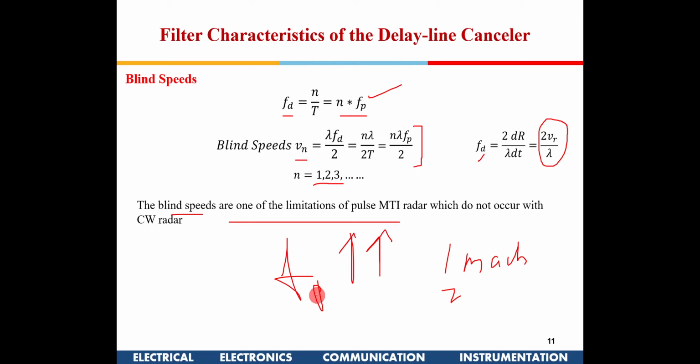If I have a lesser pulse repetition frequency, then say 0.5 Mach and 1 Mach, 1.5 Mach, 2 Mach, so I'll miss out a lot of frequencies. So if I want to eliminate blind speeds, what I can do is increase the pulse repetition frequency, okay.